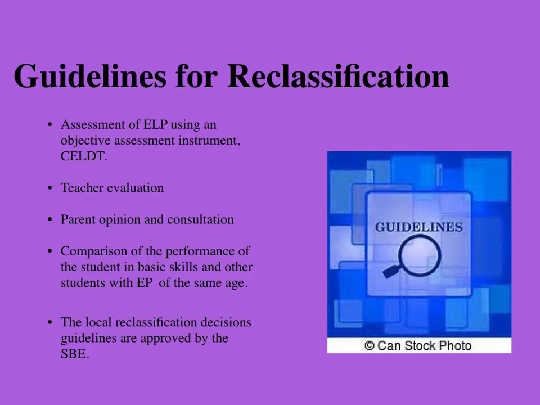Third, the parents' opinion, and they consult them, so they have a meeting with the parents to make sure that the parents agree with what the teacher and the CELDT have come up with. Fourth, the comparison of the performance of students at the same age that have their basic skills. So they look at students from the same grade level, that might be even in the same classroom, to make sure that the student doesn't fall behind and that their basic rights aren't taken away.